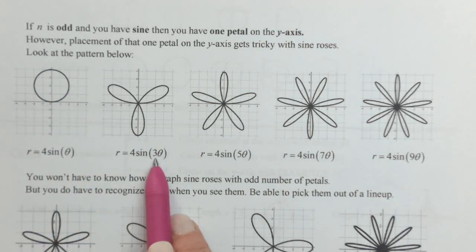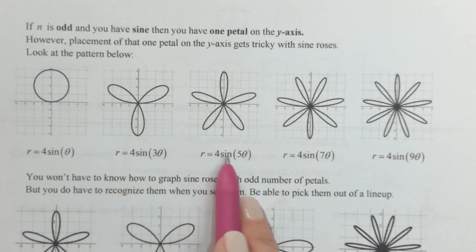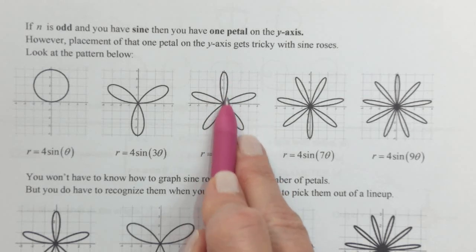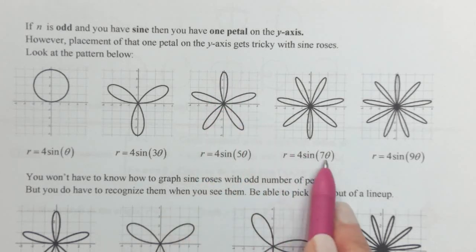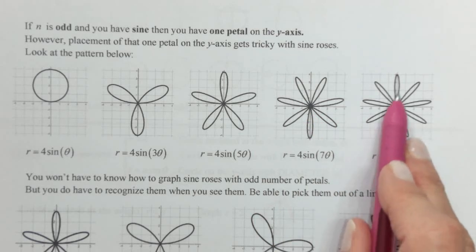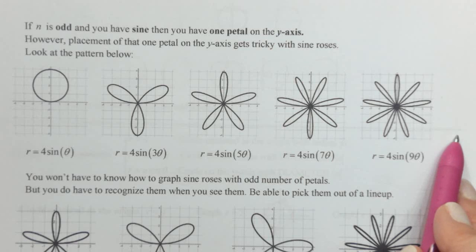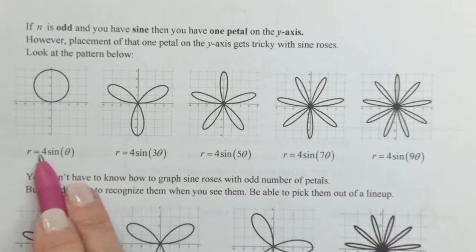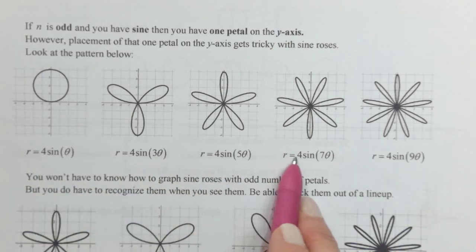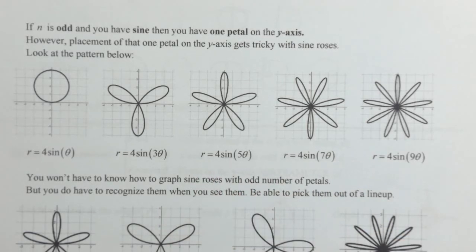If n is a 3, you have a petal on the negative y-axis. If n is a 5, you have a petal on the positive y-axis. If n is 7, negative y-axis. If n is 9, positive y-axis, etc. It flip-flops. Now that is if you have a positive coefficient. If you have a negative coefficient, that will all flip, right?